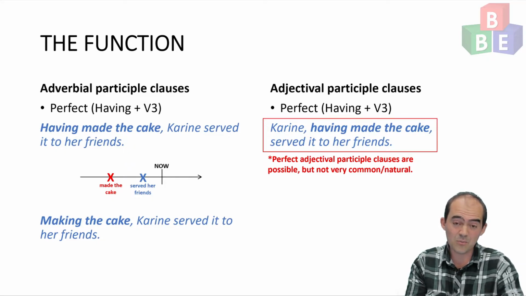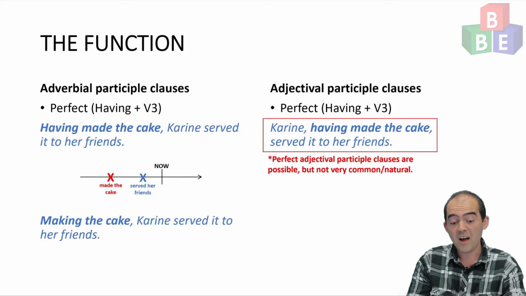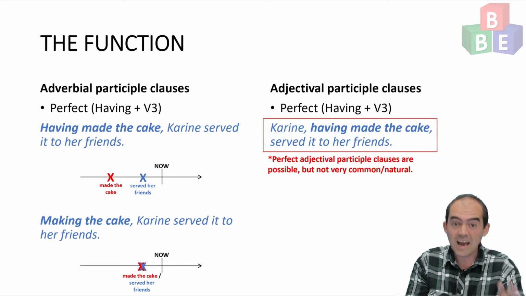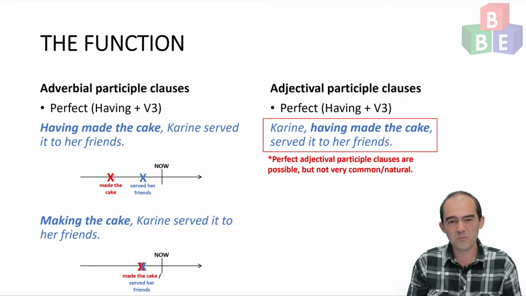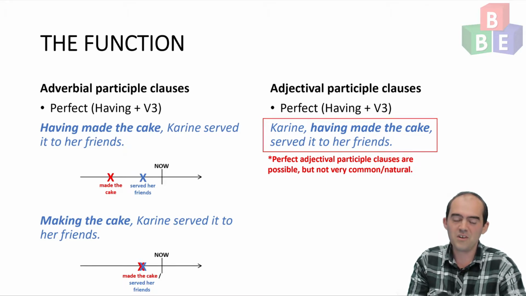Because in the second example, making the cake, Karini served it to her friends, I think that this means that she made the cake and she served it to her friends at the same time. But how is it possible to make a cake and serve it at the same time? It's not. So in this case, I have to use the perfect to show the difference in time.